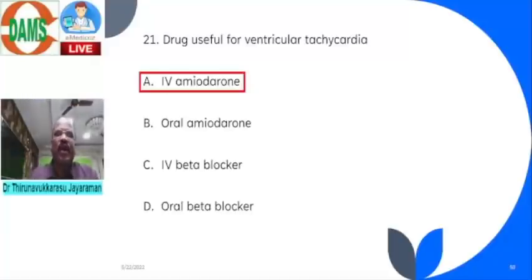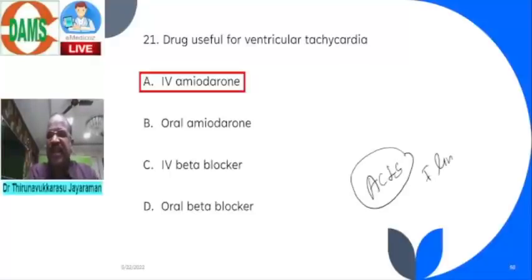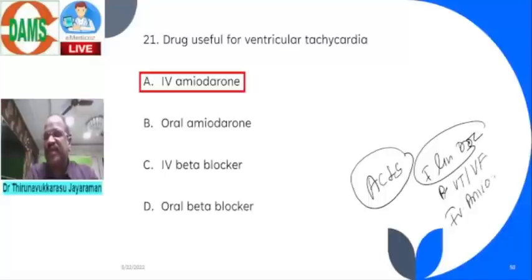According to advanced cardiac life support guidelines, the first line drug of choice for treating VT or VF will be IV amiodarone. Other things we can try are lignocaine, even mexiletine. The first choice will be amiodarone.